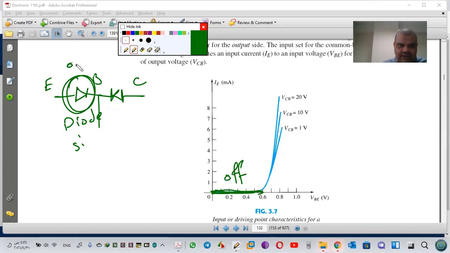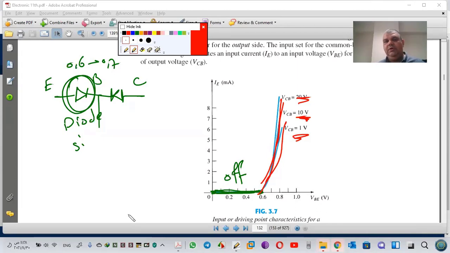At 0.6 or 0.7, my current starts to increase, based on VCB, for example VCB1, VCB10 or VCB2. So the input characteristic for silicon is like the input for a diode. From 0 to VT, 0.6 or 0.7 for silicon, there is no current. After that, the current will increase rapidly.